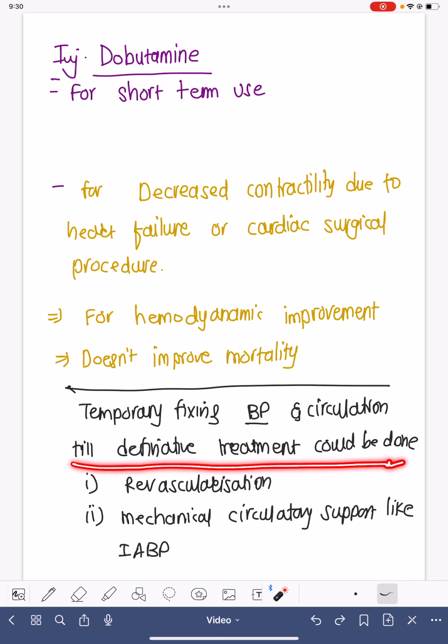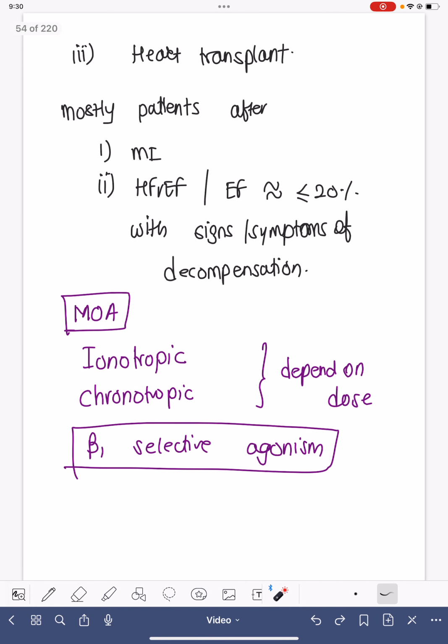And this definitive treatment is either revascularization, stenting, or bypass, or mechanical circulatory support like intra-aortic balloon pump therapy for heart failure, or the heart transplant, which is the definitive treatment for heart failure.